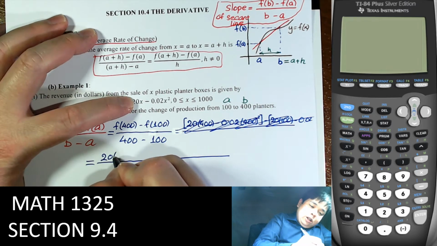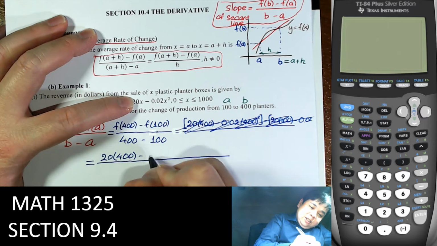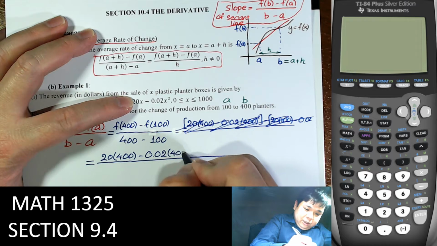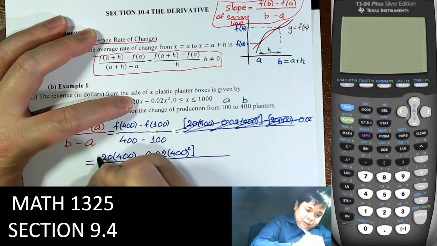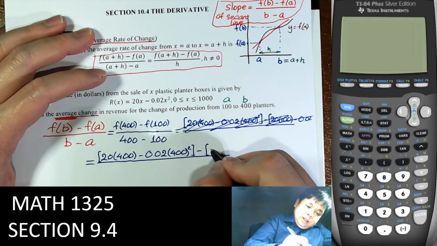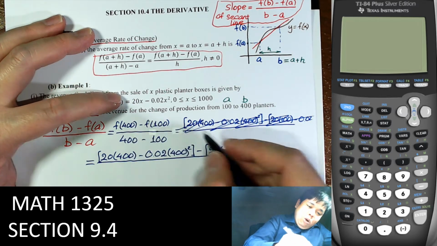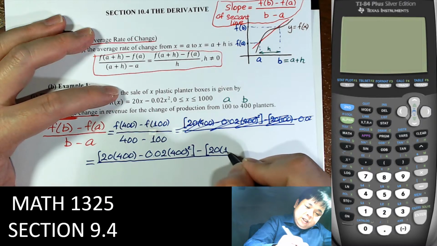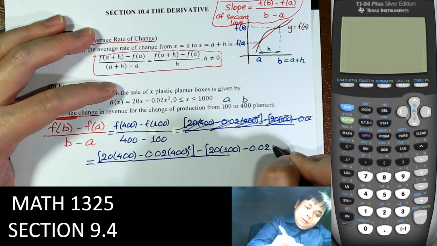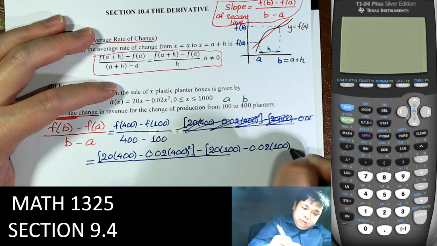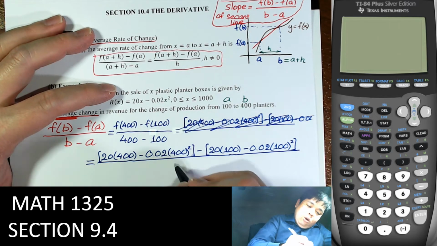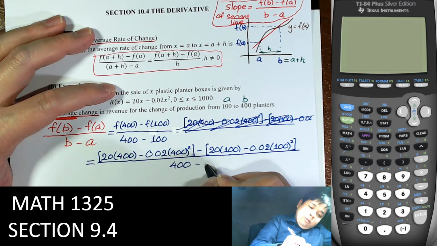Put 400 into x, and then subtract. Now we put 100 in for x, over 400 minus 100.